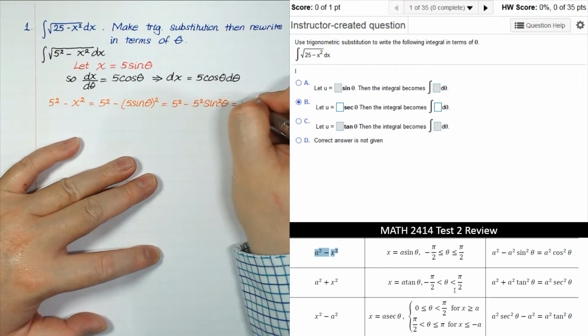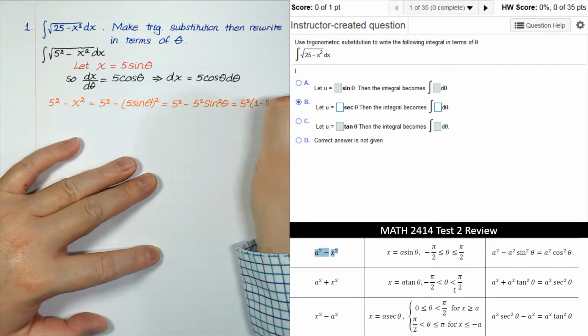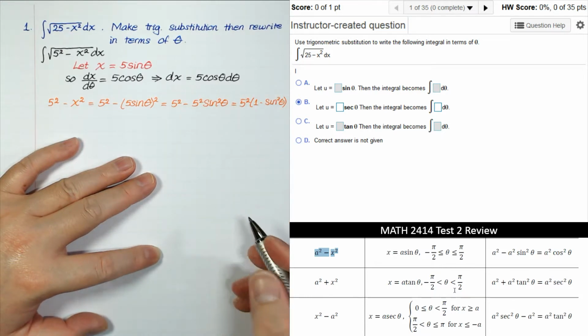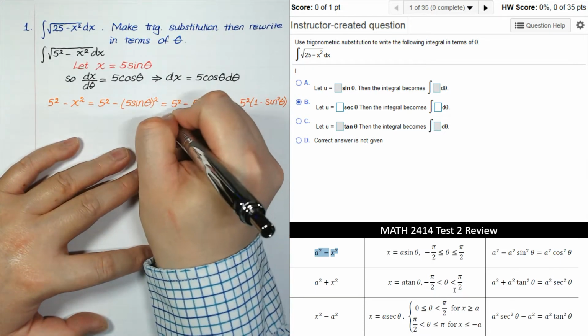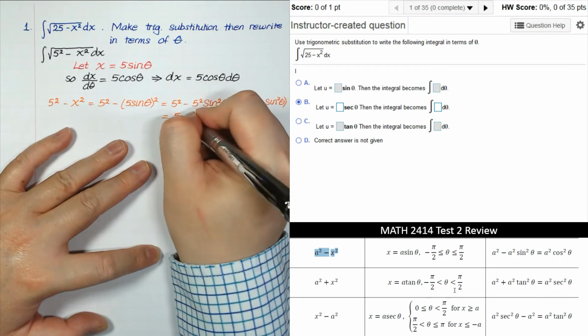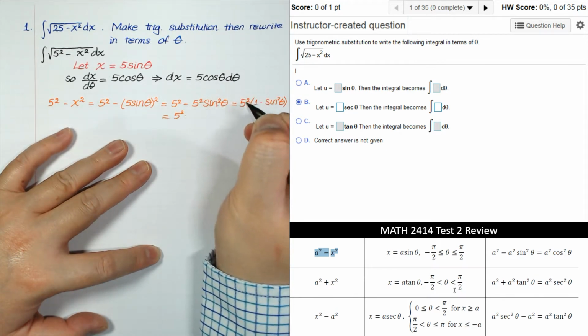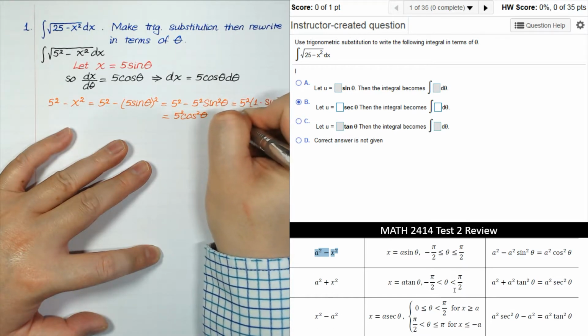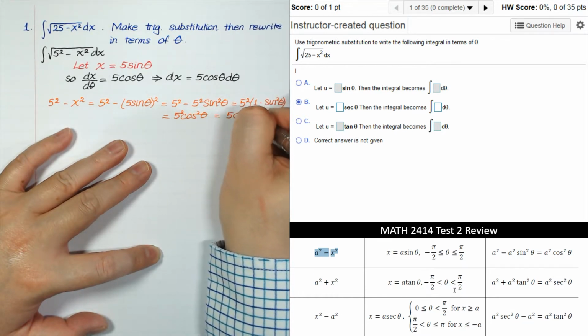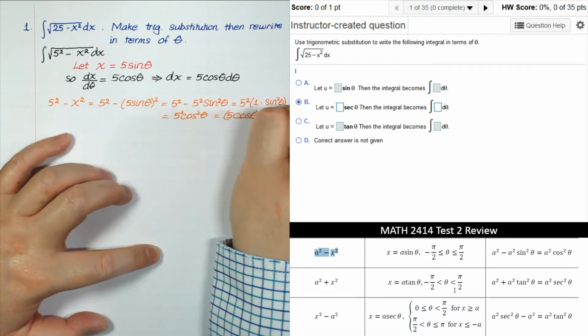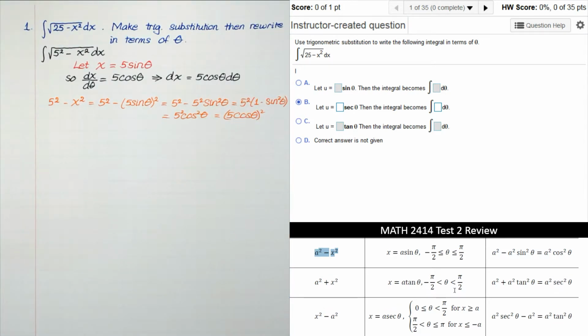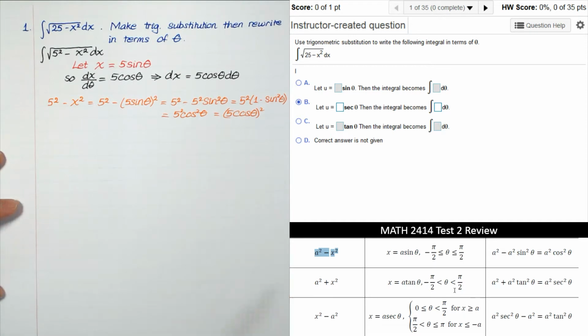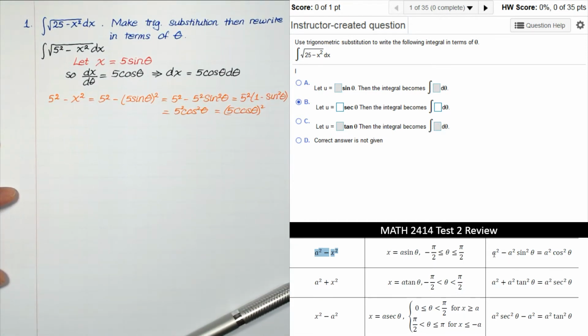Factor out the 5 squared. One minus sine squared is cosine squared. So we just have 5 squared cosine squared, or we say (5 cosine theta) squared. Of course, we don't have to write all of that step. We can just go straight from here to here.